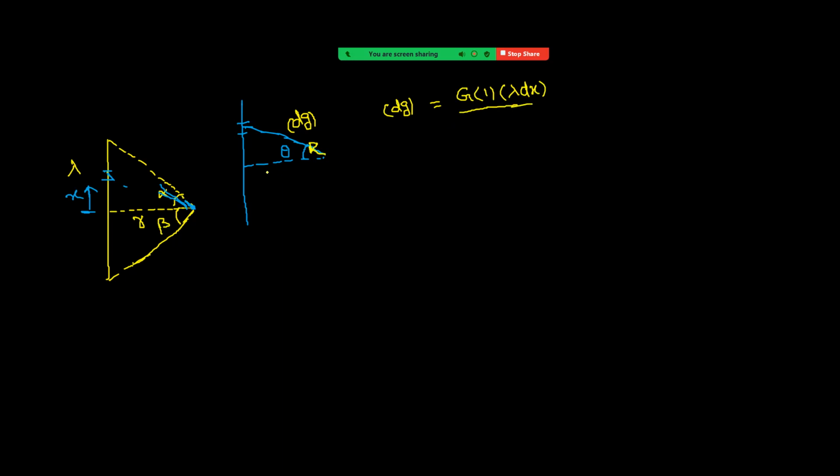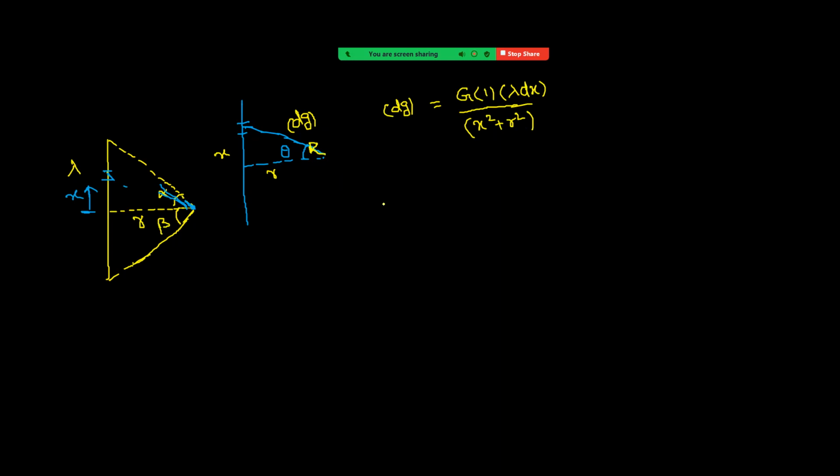Here r square means this is r and this is x. The distance will be the square root of x square plus r square. So taking here x square plus r square. See once again, it is equal to G m1 m2 by the square of the distance, right? Now it is having two components. One is normal to the wire and one is parallel to the wire.